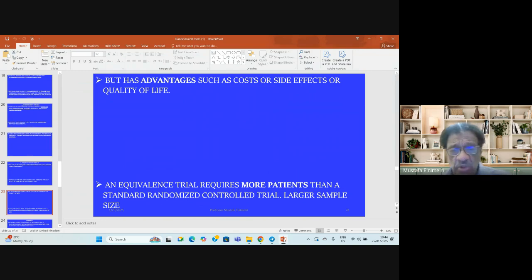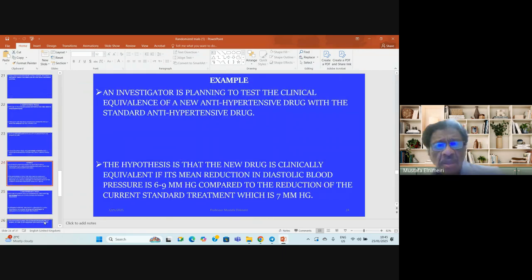Equivalence trials require more patients than a standard randomized clinical controlled trial. A larger sample is needed. For example, an investigator is planning to test the clinical equivalence of a new antihypertensive drug with the standard antihypertensive drug, which is currently used in practice.